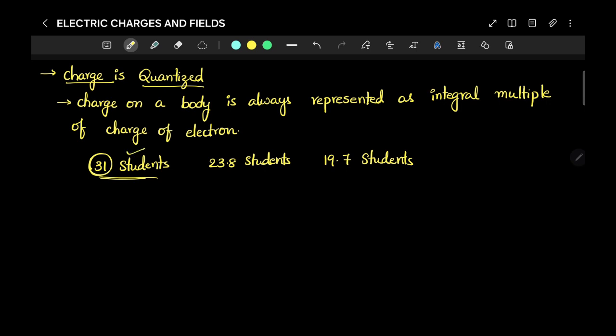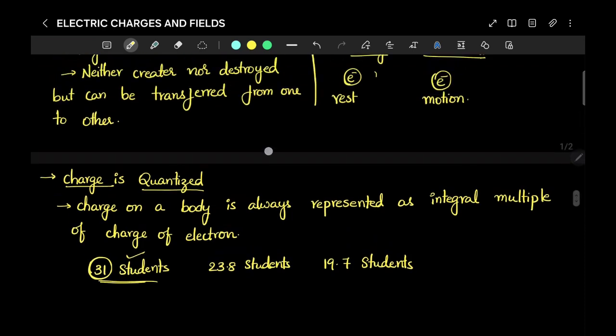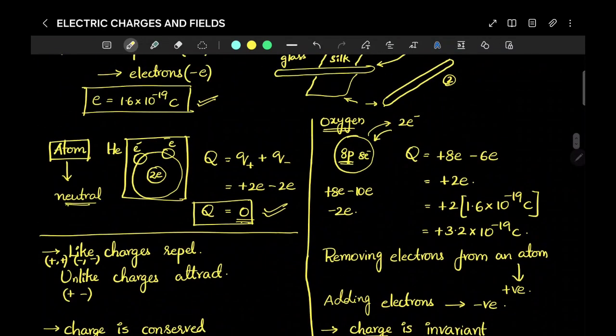In the same way, on a particular body, for example, oxygen, when we removed electrons, we wrote it as plus 2e, isn't it? You remove 2 electrons, then the charge on that oxygen atom is plus 2e. If you add electrons, we got the net charge as minus 2e. Both plus 2 and minus 2 are integers.